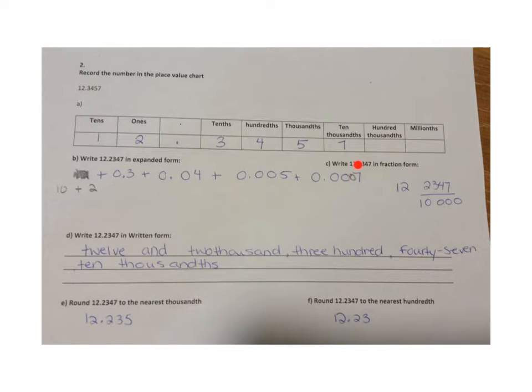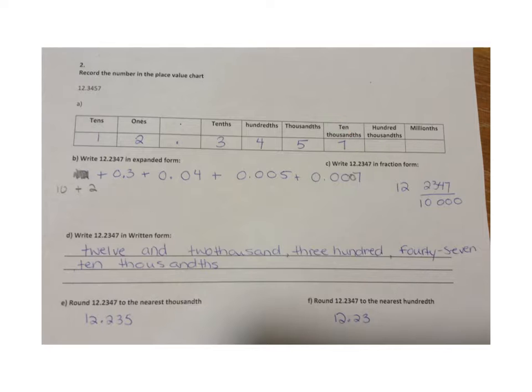Now my next question asks me to write it as a fraction. So I'm referring to this number that is here. I have 12 wholes, and then I have 2,347 ten thousandths. Remember, I get my ten thousandths by looking up here in the place value chart.